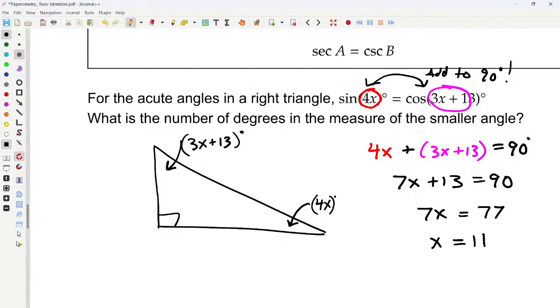Bang out the algebra. Combine like terms, subtract 13, divide by 7, boom.